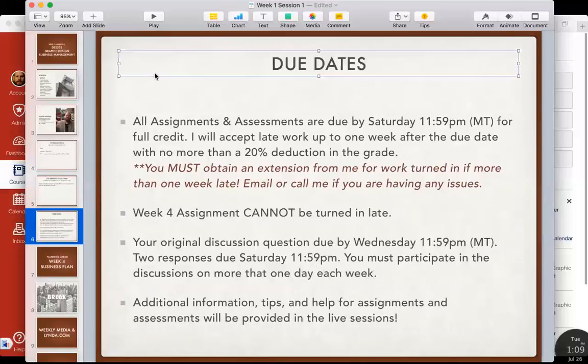So don't go in on Tuesday or Wednesday and do your initial post and do 2 replies and then just never look in there again. You need to have some post in there on at least 2 days of the week. So you could go in on Monday or Tuesday or Wednesday and do that initial post, and then maybe reply to 1 person or not reply to anyone, and then go in there on another day and do the other replies that you need to do.